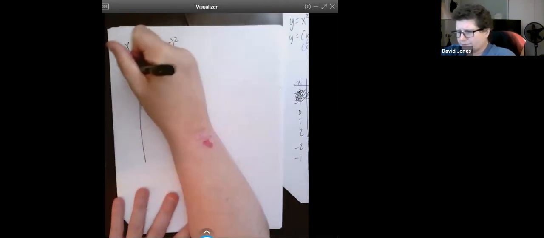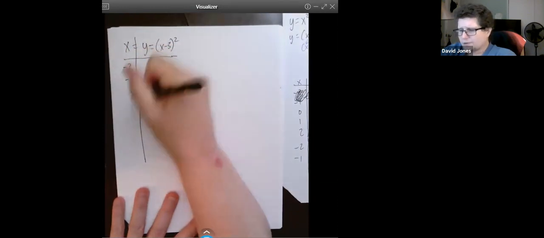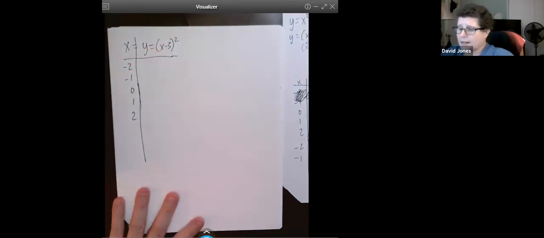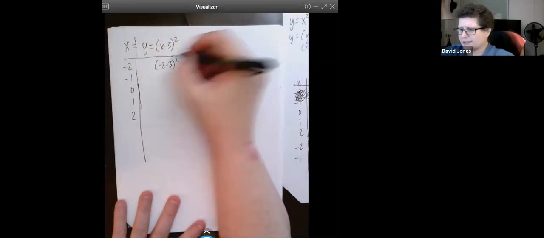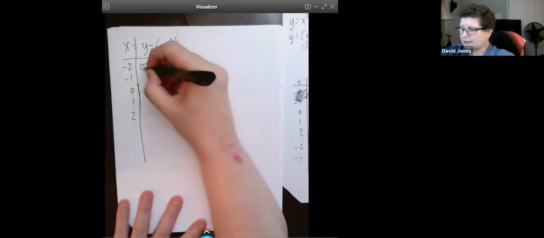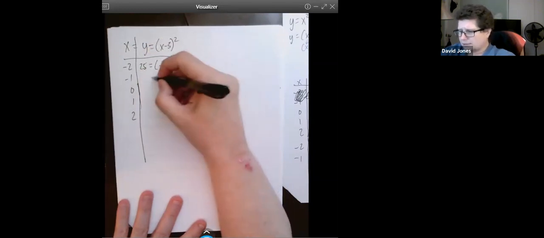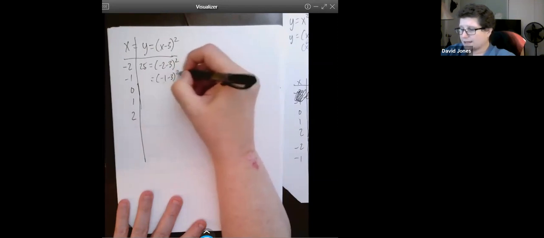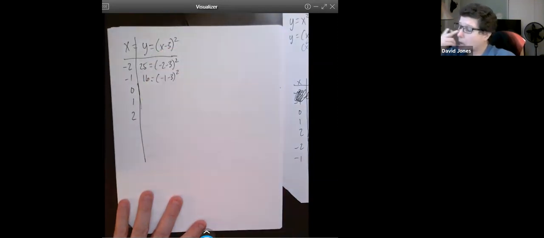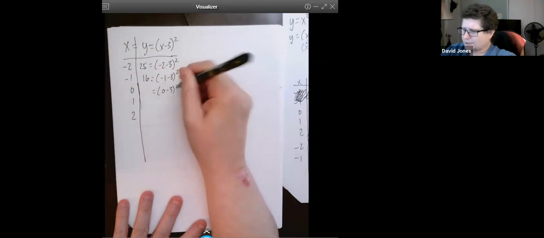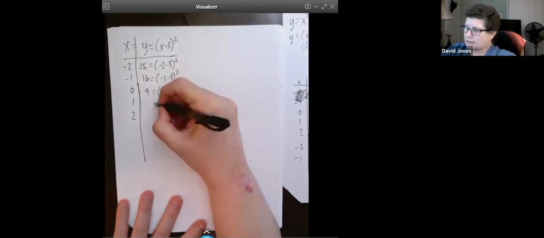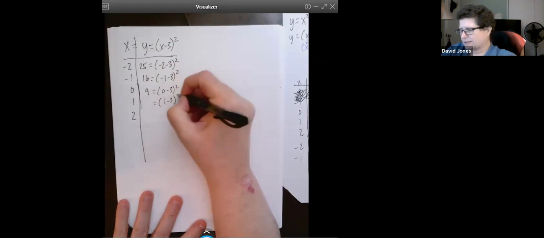Now, on our base graph for y equals x squared, we did -2, -1, 0, 1, and 2. If we try that here, (-2 minus 3) squared is -5 squared, which is 25. (-1 minus 3) squared is -4 squared, which is 16. (0 minus 3) squared is -3 squared, which is 9. (1 minus 3) squared is -2 squared, which is 4.